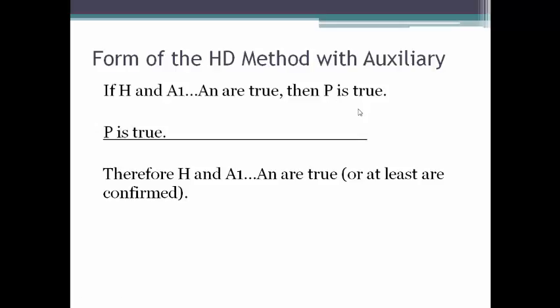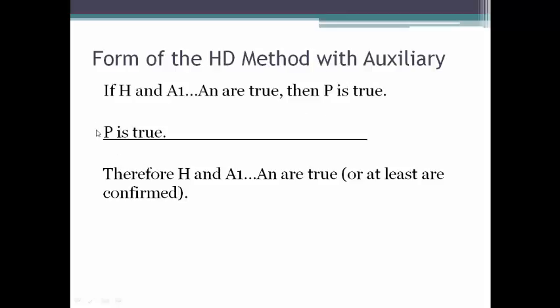So the more complex form ends up looking like this. If H, where H stands for the hypothesis we're testing, and A1 through AN, which stand for all the auxiliary hypotheses, are true, then P is true, P being our prediction.